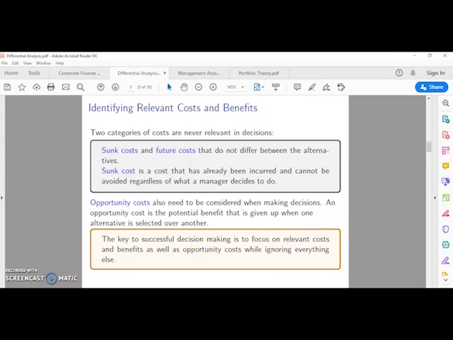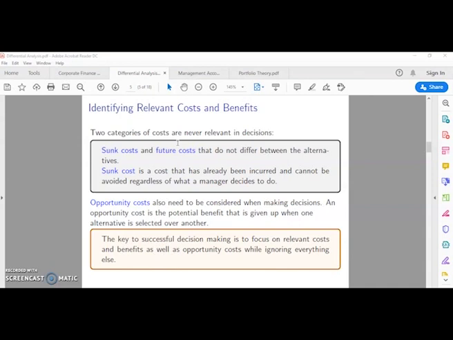Okay, now you know the decision making process. We need to have a better idea about the relevant costs and benefits to make the decisions. So before we start with different types of differential analysis, we need to know the cost categories and how they are relevant to our decision making.